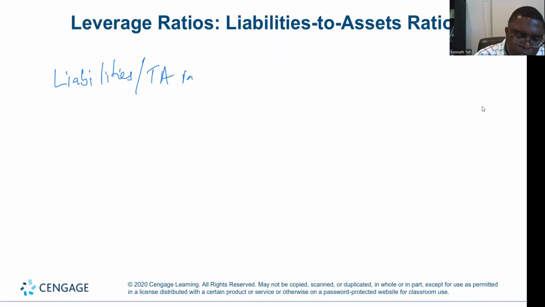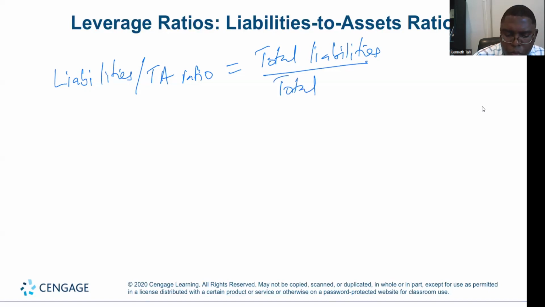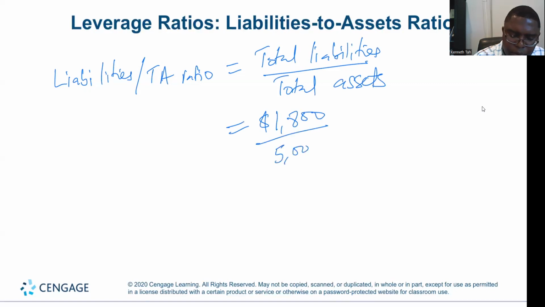So the liabilities on total asset ratio is equivalent to total liabilities divided by total assets. So total liabilities is 1,800 divided by 5,000. And all of this is coming from the financial statement. So we have liability to total asset, which is 36%.